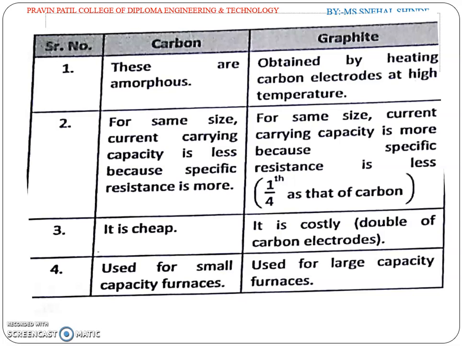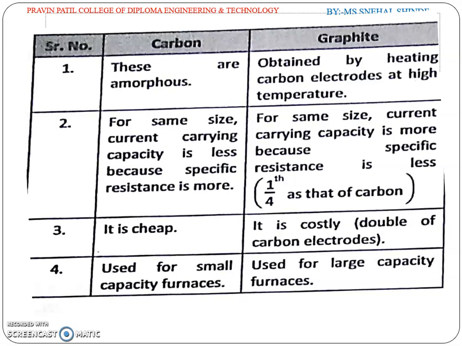But there is a disadvantage: it is costly, almost double that of carbon electrodes. And for the same size, the advantage is that the current carrying capacity is more because its specific resistance is less. Obviously resistance and current are inversely proportional to each other.